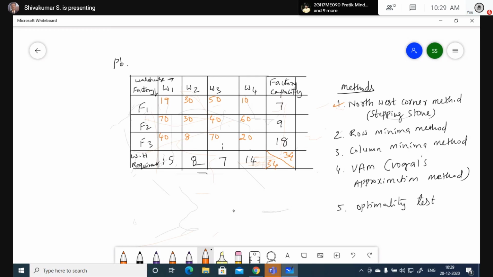If you got only 30, or if you have 10 extra, you would add one more warehouse, W5, keeping all the transportation costs 0, and add one more column. So make sure these values are equal and matched first of all. Both should be the same value. Here it is 34 and 34, so there is no need to add any row or column.